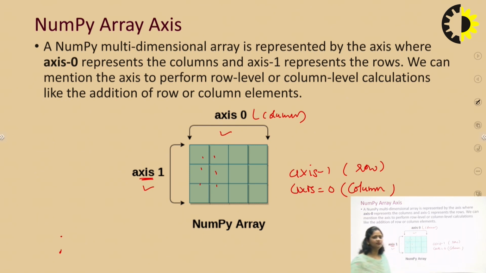Clear? If in the program we write axis 1, then we are working on rows. If we write axis equal to 0, then we are working on the column elements. Okay, so we can mention the axis to perform row-level and column-level calculations like addition of row and column elements.